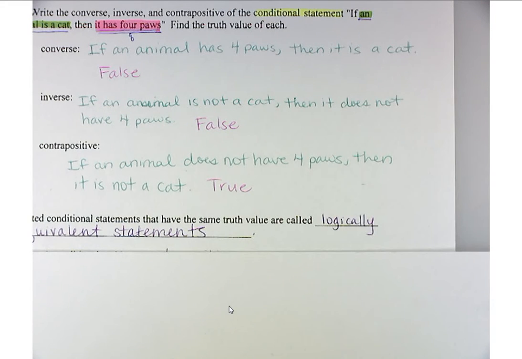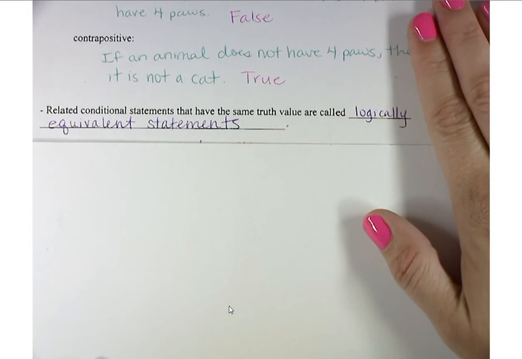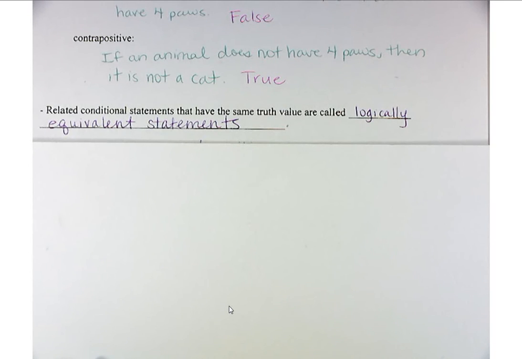Based on the truth values, there are certain patterns that are going to happen with the different types of statements. Related conditional statements that have the same truth value, we call logically equivalent statements. Equivalent is just another way to say what? Equal, or the same.